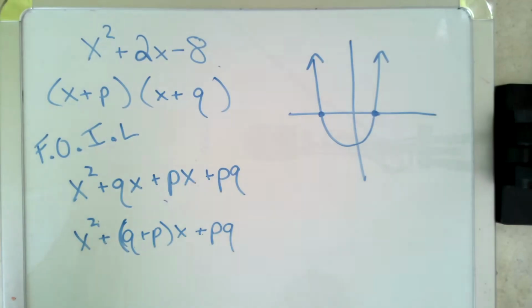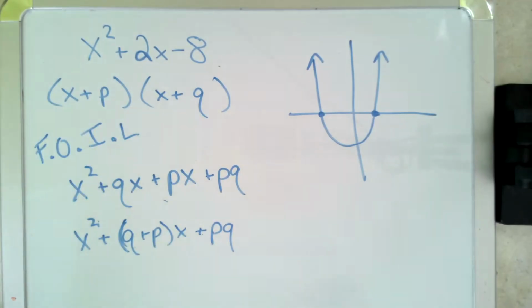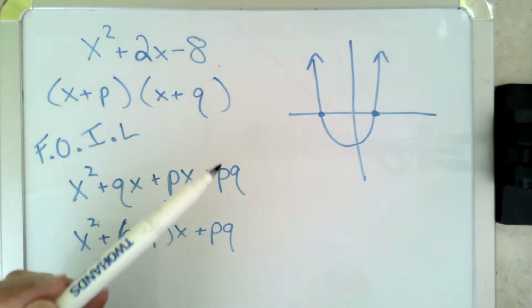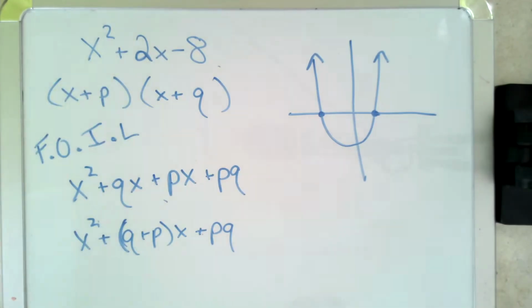And so now I can see that to go from my equation here, x squared plus 2x minus 8, to figuring out what my p and my q are, that means I'm asking myself what multiplies to negative 8 and adds to positive 2. And that is what the X method is based on.